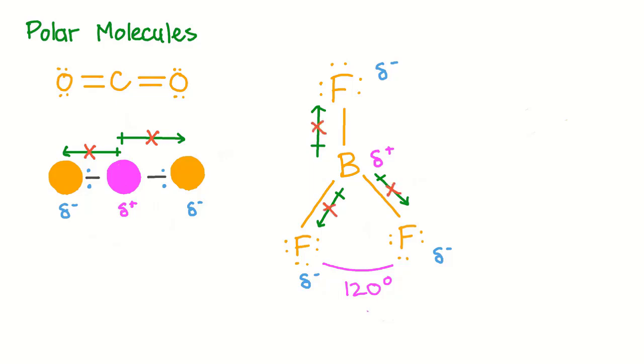Since all three of these bonds are between boron and fluorine, they're identical in strength and intensity. In order for a molecule to be polar, there needs to be a region of greater electron density in the molecule. But these three bonds are evenly spaced, and they're pulling on the electrons with equal strength, so the electron density is going to be the same in all directions.